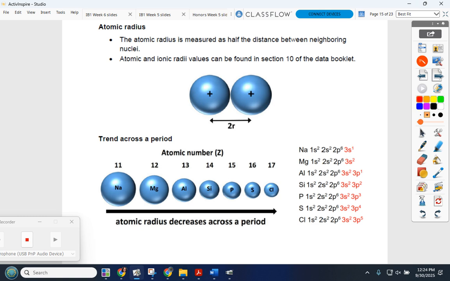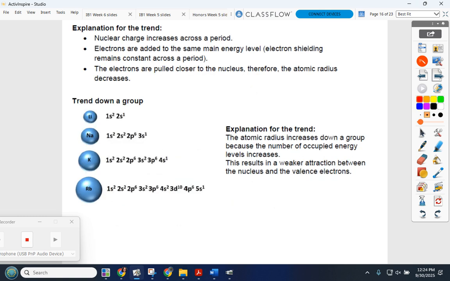So atomic radius decreases across a period, and that is because our nuclear charge increases, our electrons are being added to the same main energy level, so shielding stays the same, and so essentially our Zeff goes up as we go across, right?